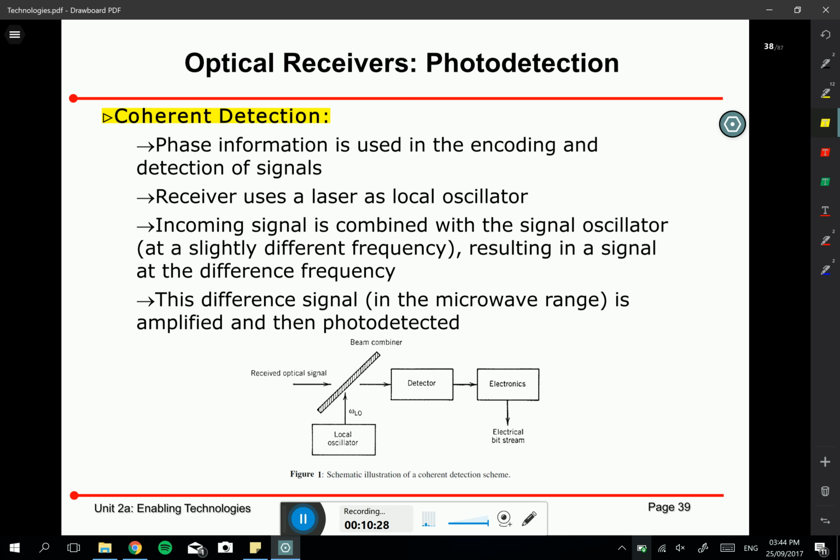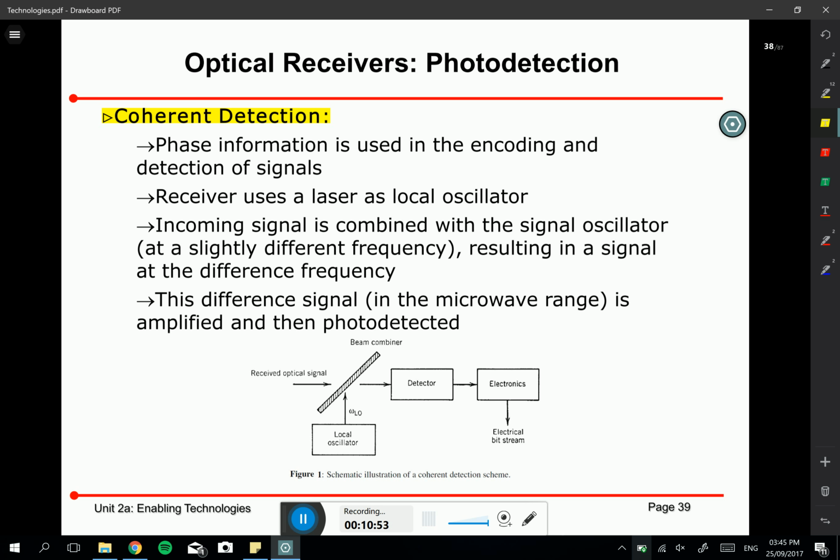So what people do is the so-called coherent detection. I'm oversimplifying as usual in these hours, but basically what happens is you have a signal at a very high frequency arriving to your receiver. There you have another laser, which is called local oscillator, which produces a signal at a very similar frequency.